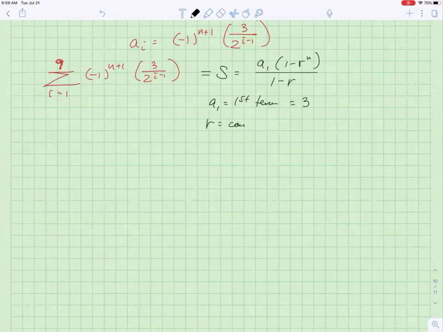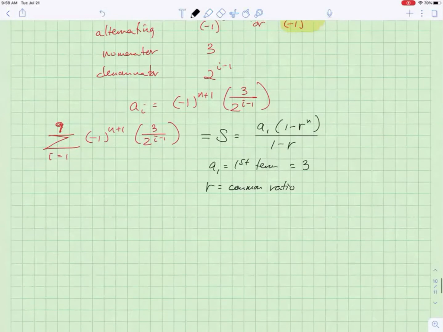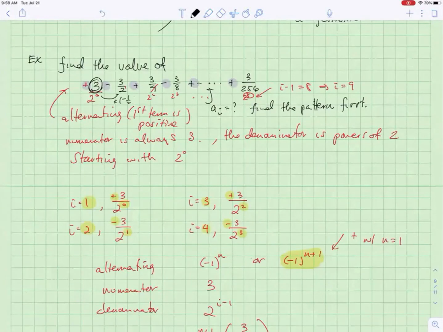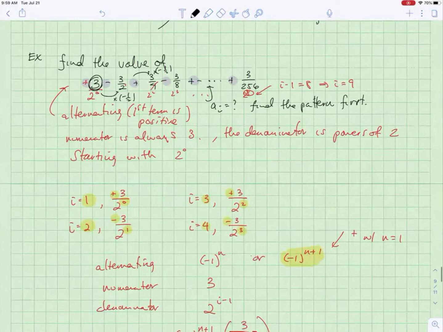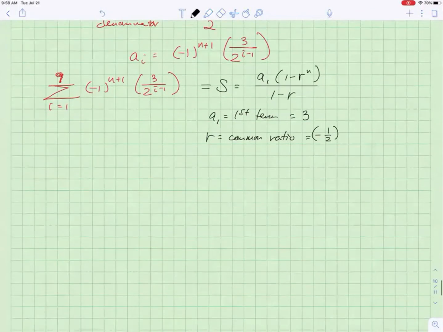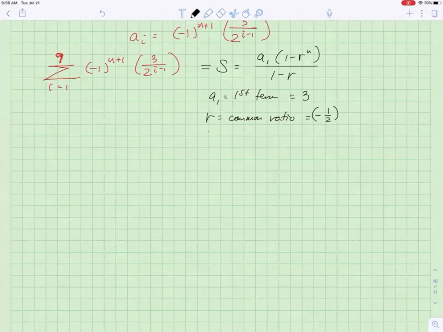R, the common ratio, is what we're multiplying by each time. And so this is times negative 1/2 over and over and over again. That looks a little bit busy up there. But we get to the next term by multiplying by negative 1/2. And apparently, we're going all the way up to n equals 9 as our last term.